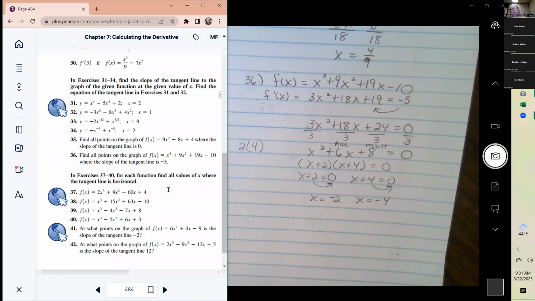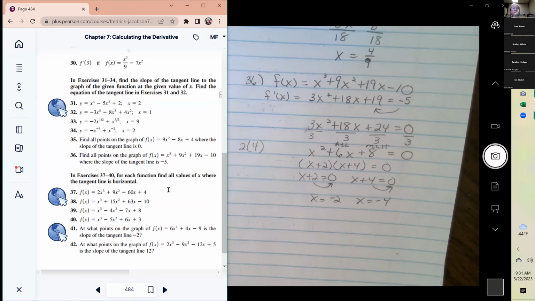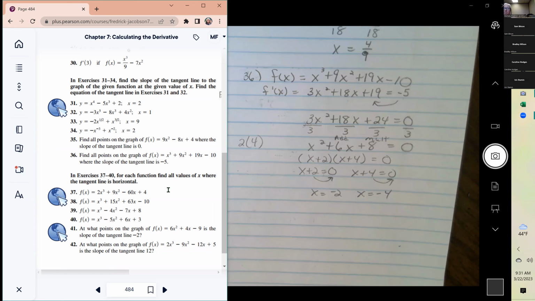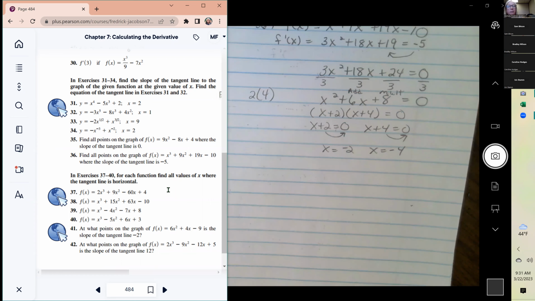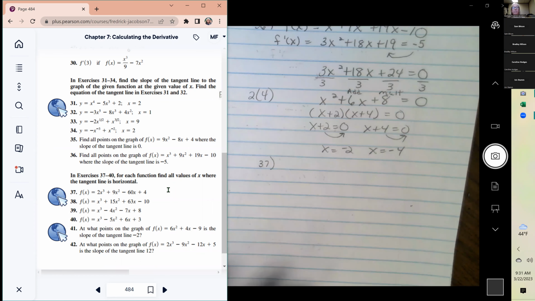So there are two x values where the slope of the tangent line is -5. Any questions on that?